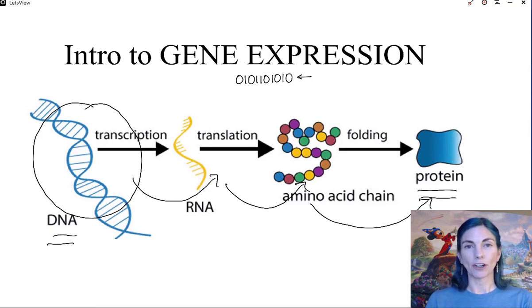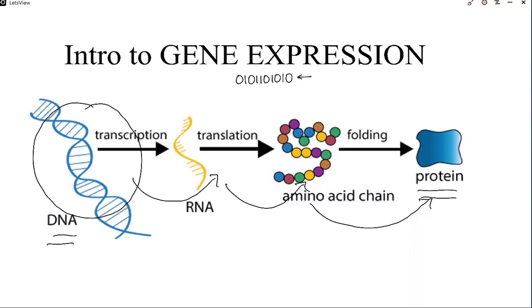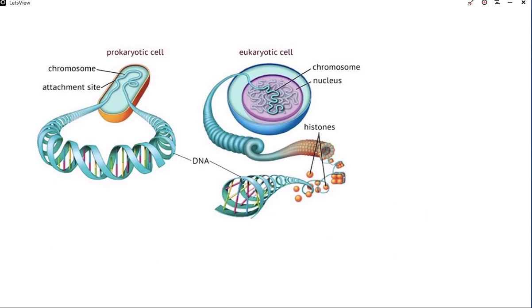But now I want to turn and talk a little bit more about DNA and how it exists in different types of cells. So in your workbook, you were required to learn about the structure of DNA. And so you know that DNA is comprised of a sequence of nucleotides, and that each nucleotide has a sugar, a phosphate group, and something called a nitrogenous base.